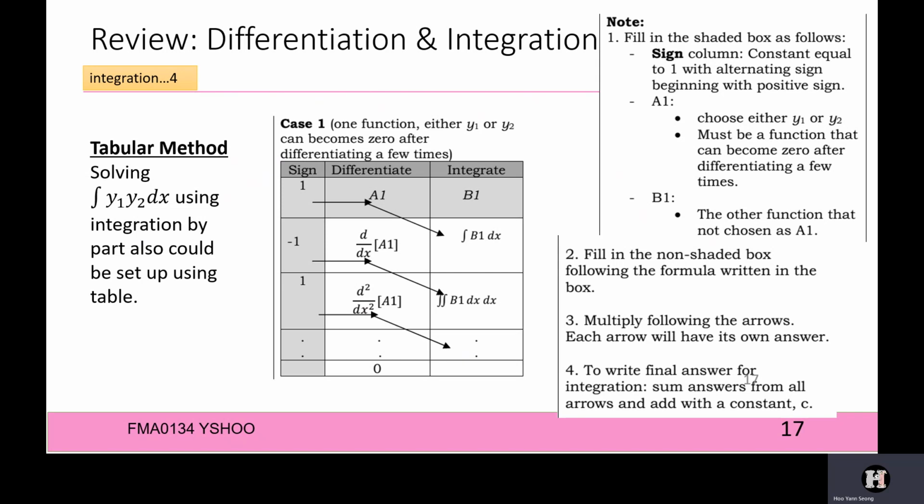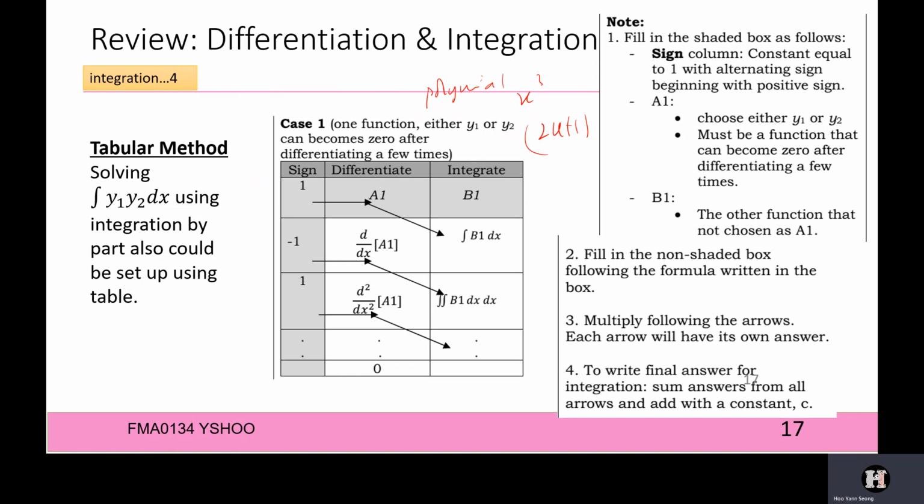In case 1 over here, one function, either y1 or y2, can become 0 after differentiating a few times. So this one is basically when it's involving a polynomial, like x to the power of 3 or 2x plus 1, and so on.